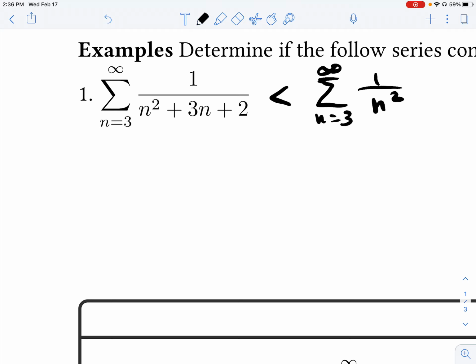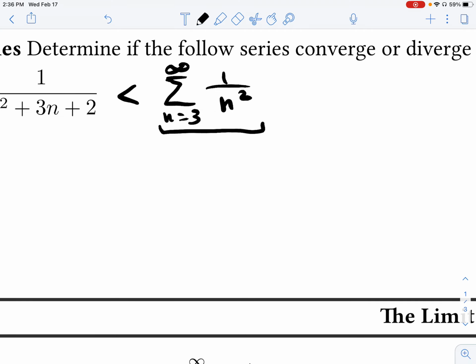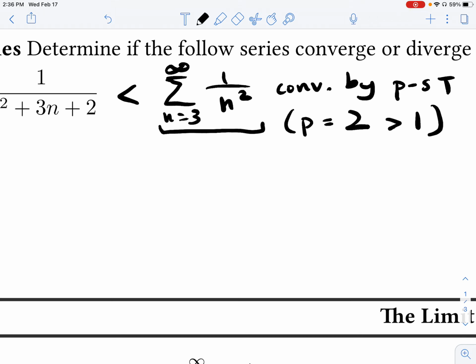Also, I know that this series, and let's write this, we know that this series here converges by the p-series test, right? Because our p-value is equal to 2, which is greater than 1. So that series converges by the p-series test.